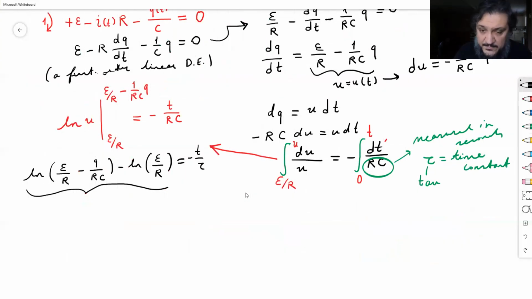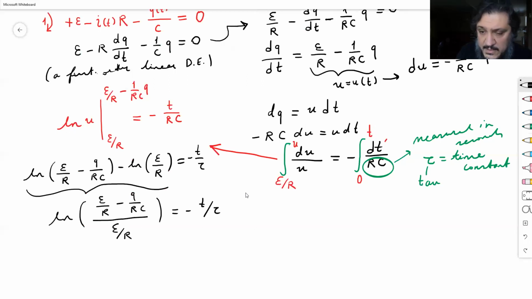So you have here ln of E over R minus Q over RC, divided by E over R, equals negative t over tau. Now the logarithm: E over R minus Q over RC divided by E over R will be equal to e to the power of that. If I multiply both sides by E over R, I get this.